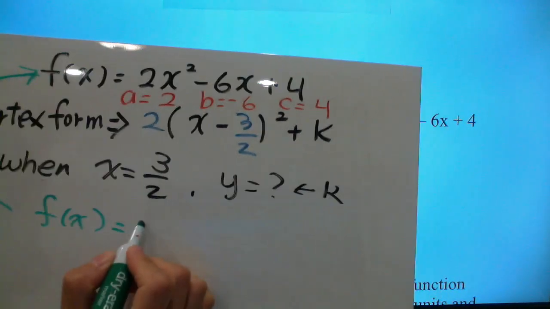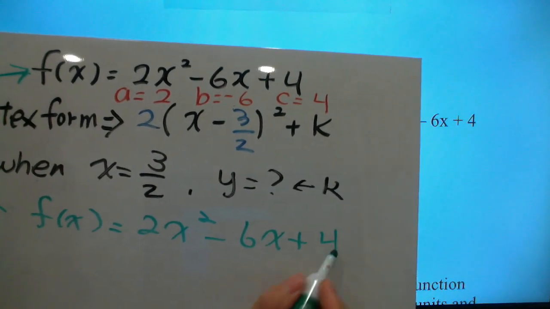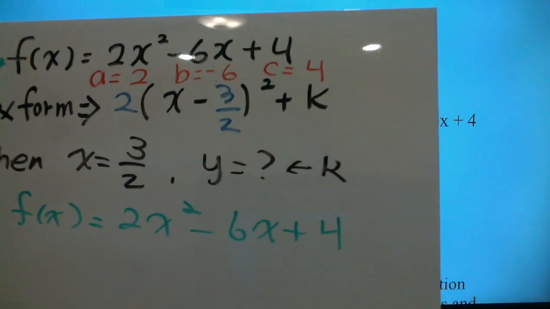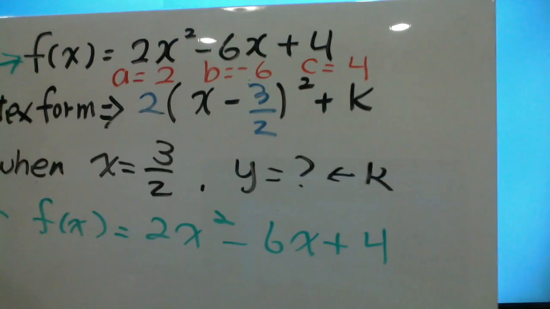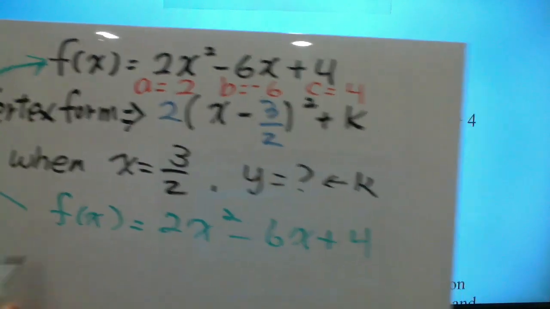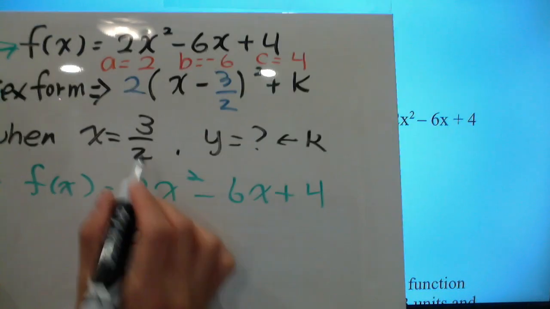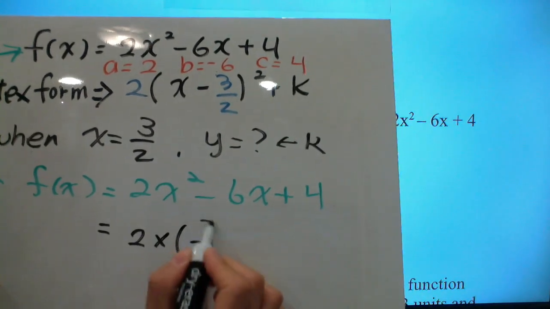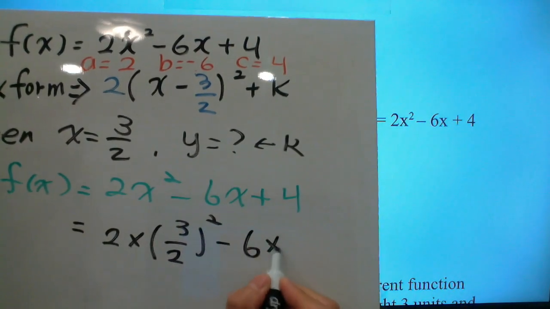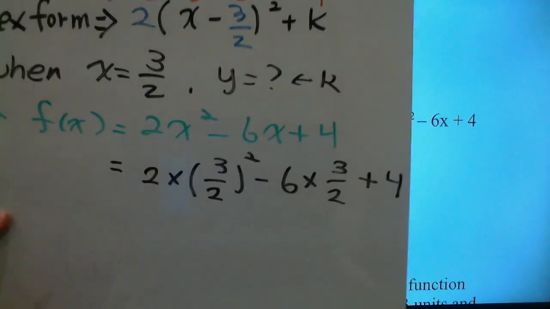f(x) is 2x squared minus 6x plus 4. And I will put 3 over 2 in for x.